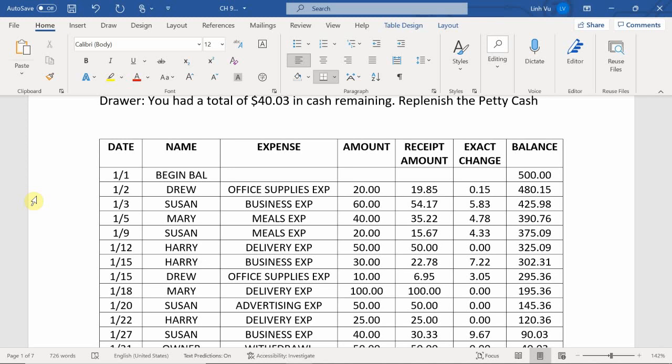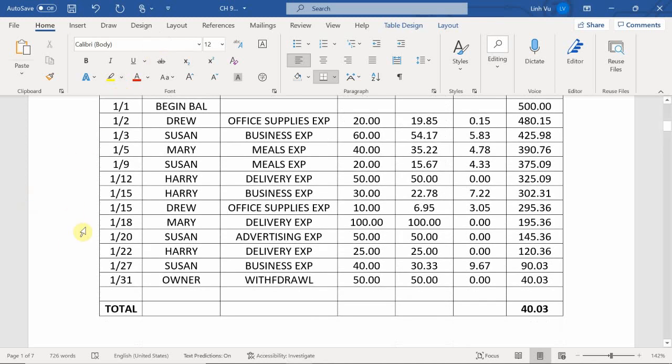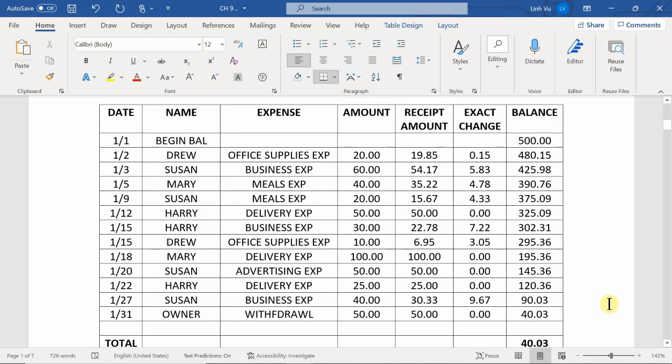So in this case, how would I replenish the petty cash drawer? Here's the list of all the expenses, and at the very end of the day, you have $40.03. Wouldn't you add them all up?